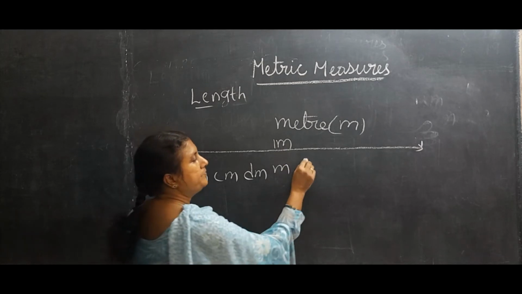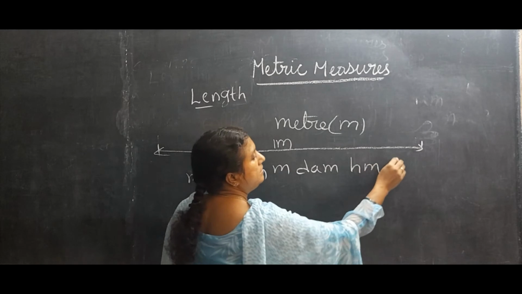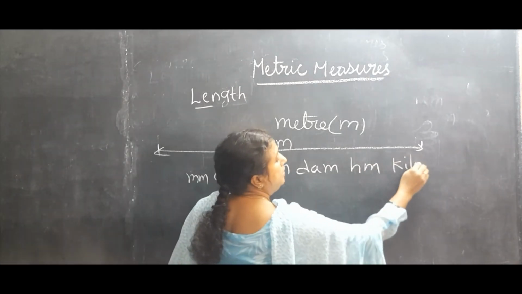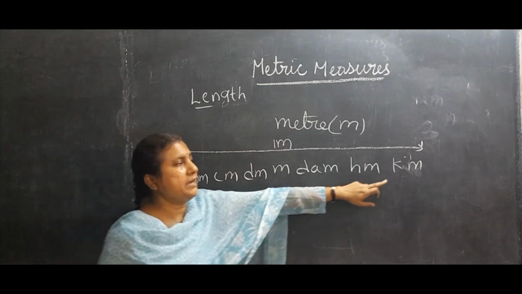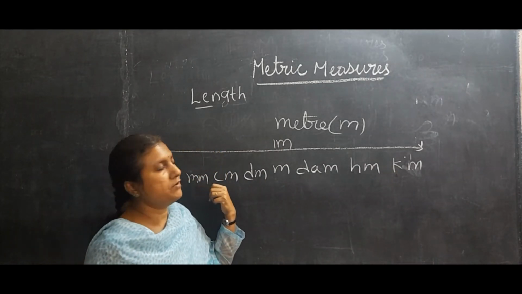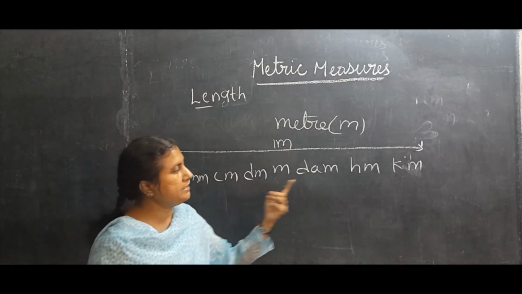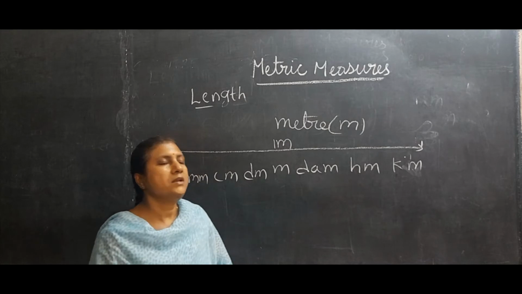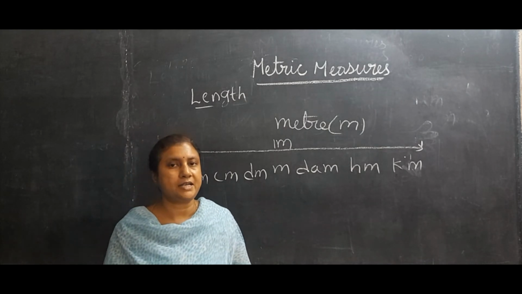They are decameter, hectometer and kilometer. Here km is the short form of kilometer and cm is the short form of centimeter, millimeter, decimeter, decameter, hectometer. About these measurements you are going to learn in your higher standards.